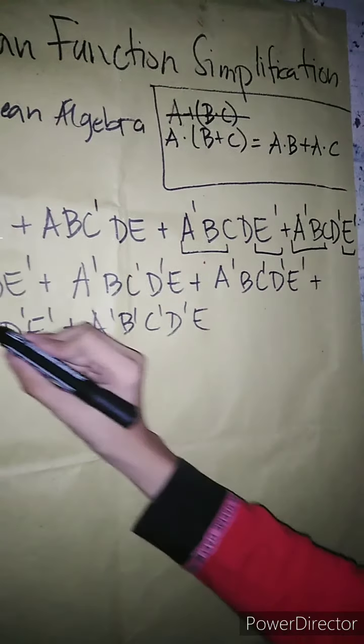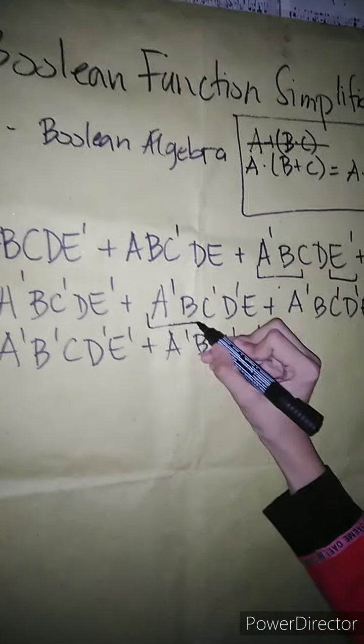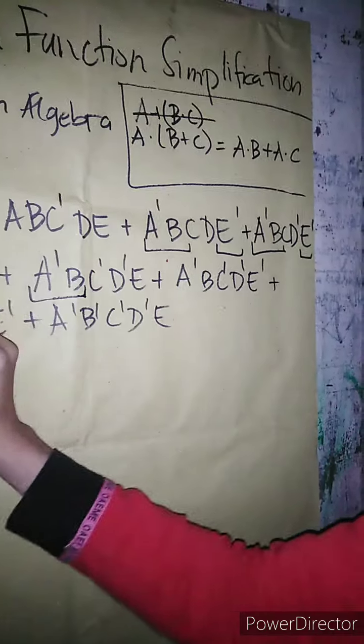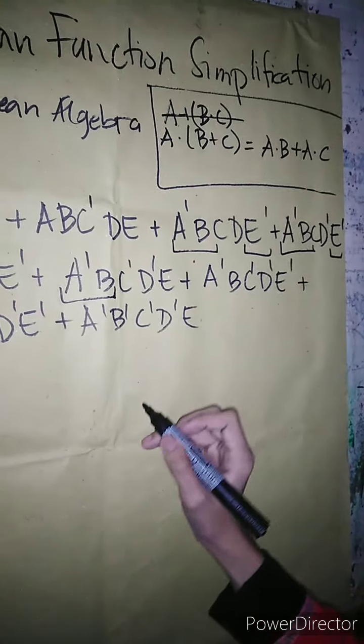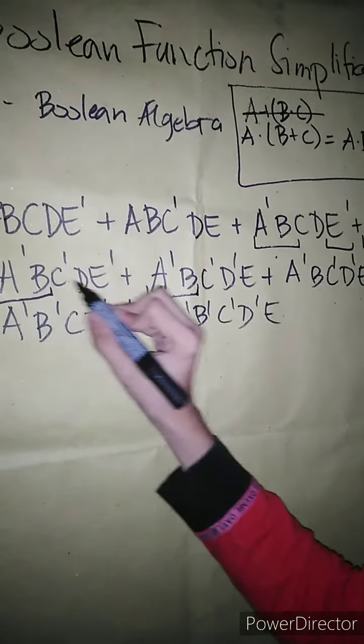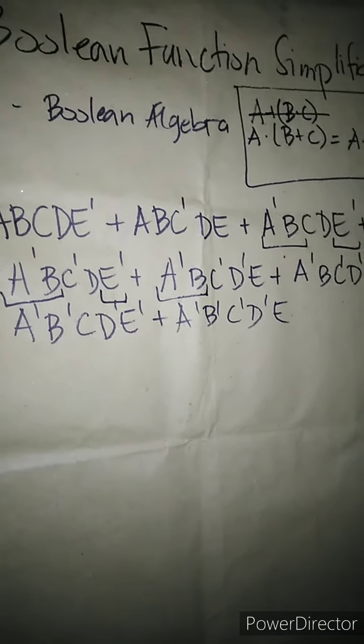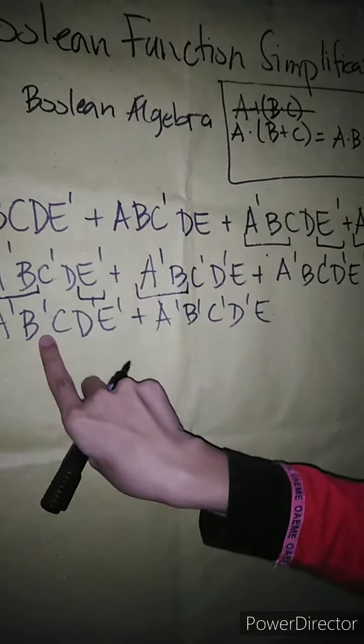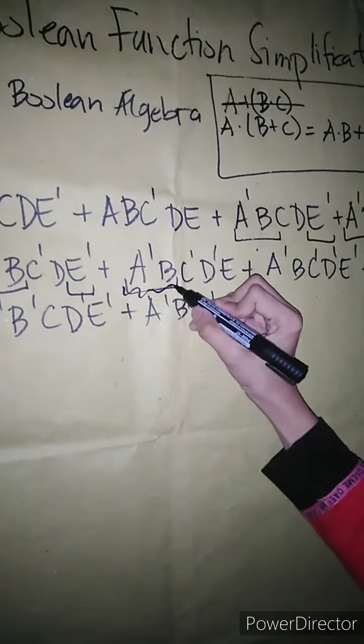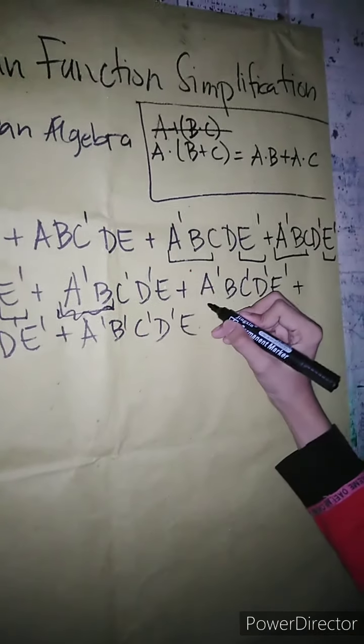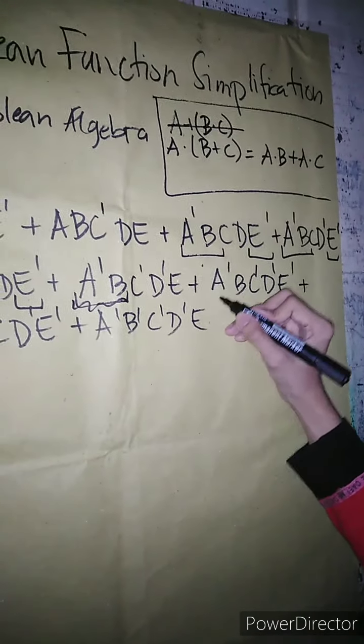Where? Oh, sorry, not here. I'm so sorry. A prime b e prime. Not here. And here.